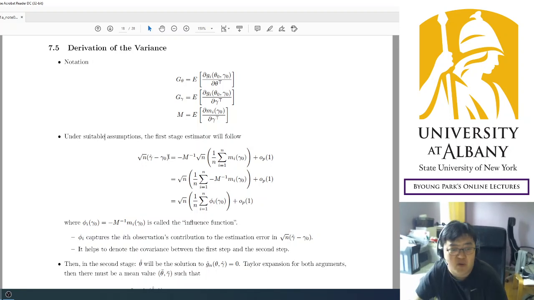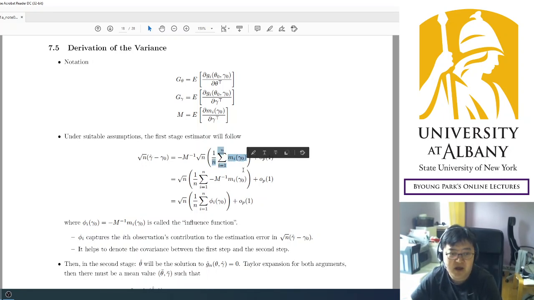So what I'm going to show you here is, in the end, we are going to apply the central limit theorem to this. But instead of doing that at this point, you may rewrite this as square root n times a sample average of this term.